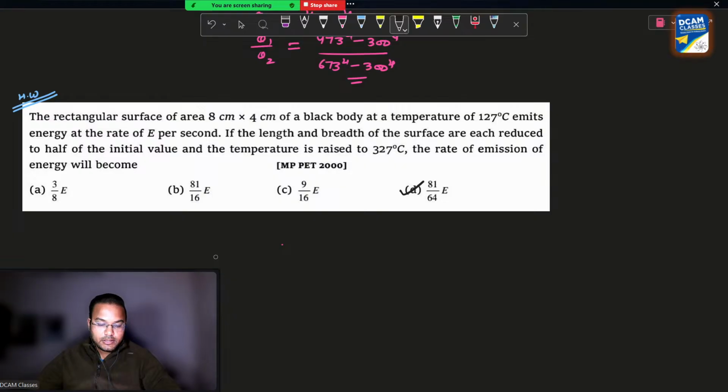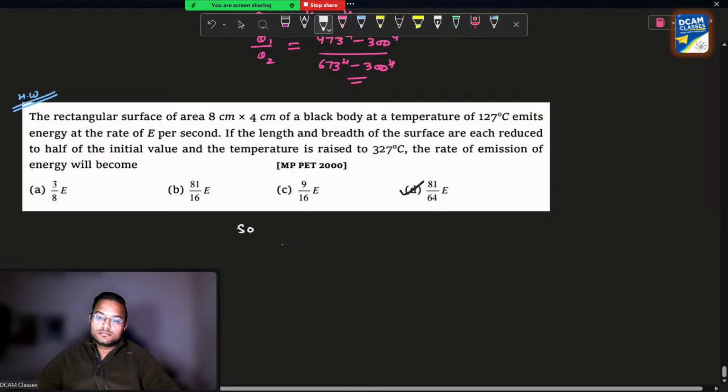How is it done? Wait, let me do it. Let me solve it, then we'll move on to the next part.